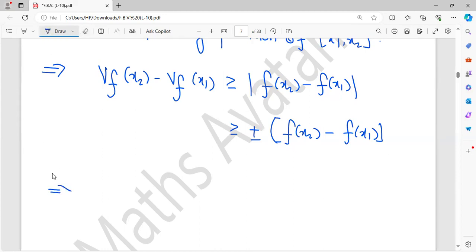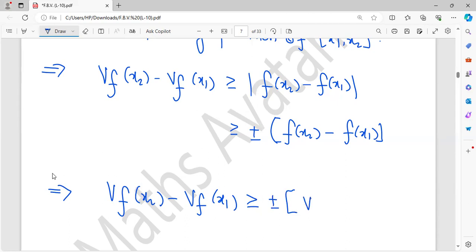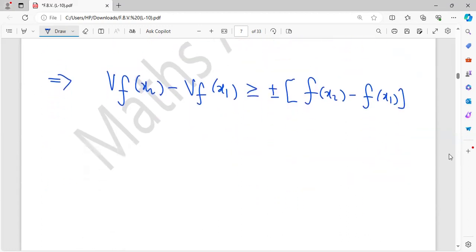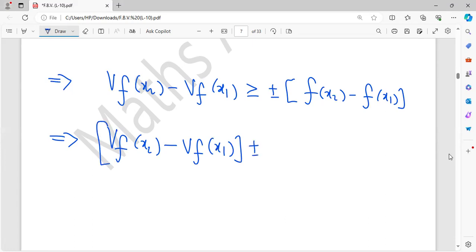So what we have actually? This implies V_f(x2) minus V_f(x1) is greater than or equal to plus or minus of f(x2) minus f(x1). So bring this to the other side: V_f(x2) minus V_f(x1), plus or minus, or you can take minus plus.